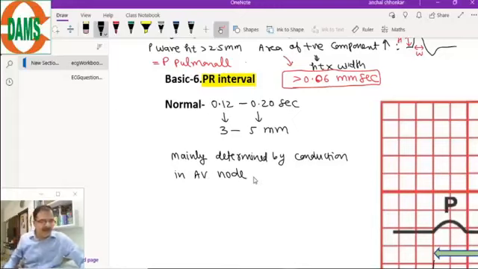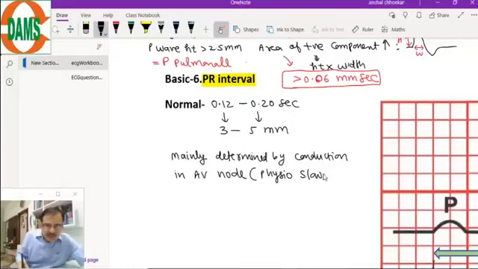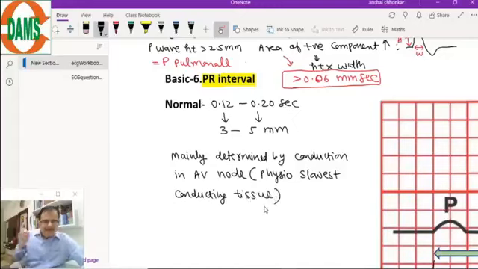The PR interval is determined by the conduction in the AV node, and it is physiologically the slowest conducting tissue in the heart.